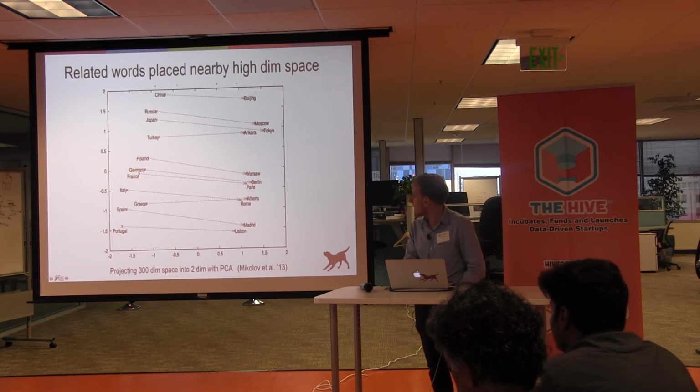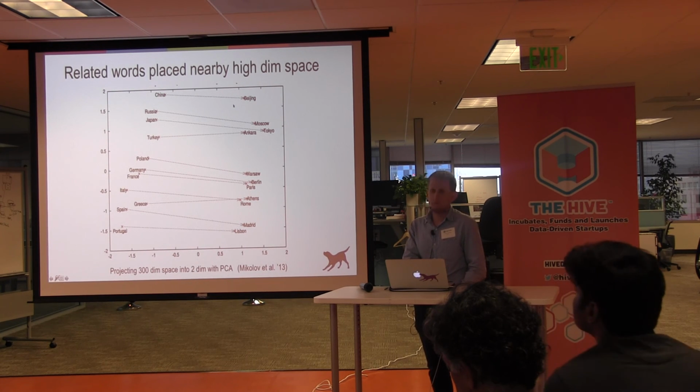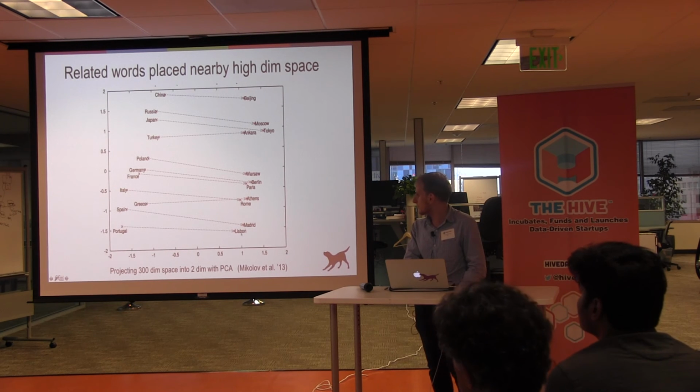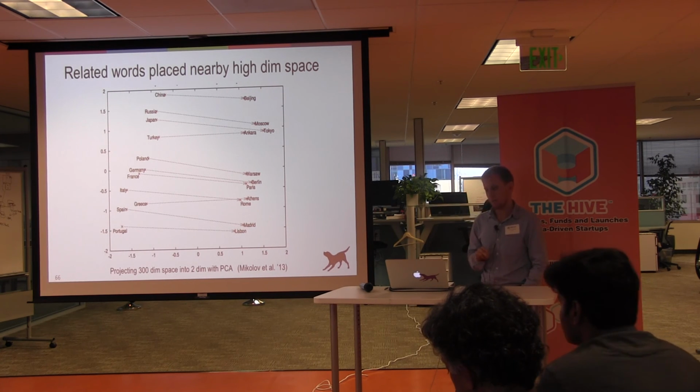On the right, you have capital cities. And there's even some kind of ordering semblance, maybe cities that are more east are on the top, and European cities and cities that are more west are on the bottom. So this is kind of cool.